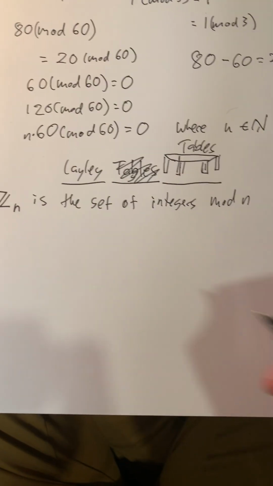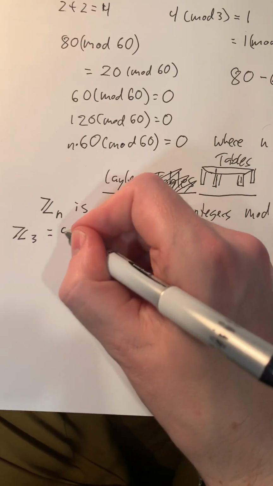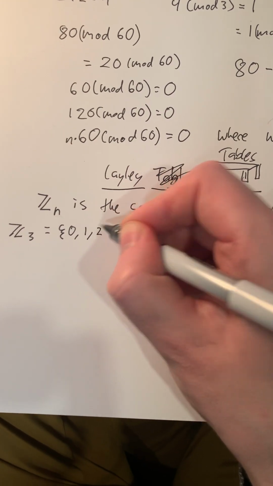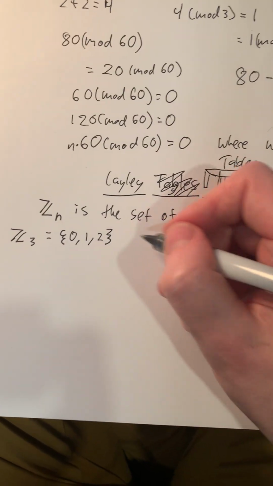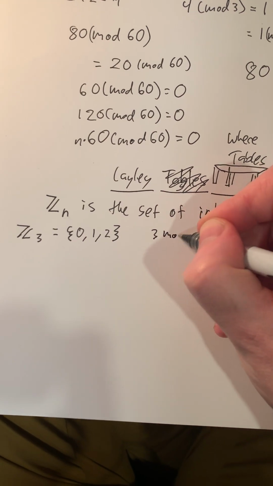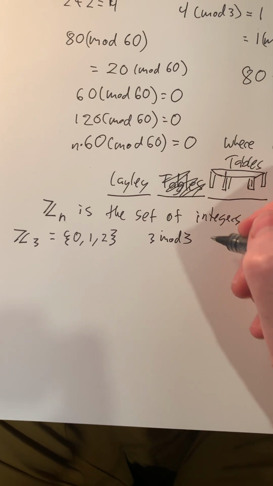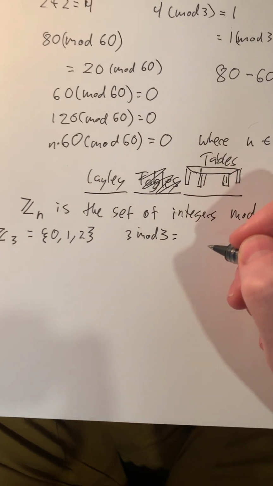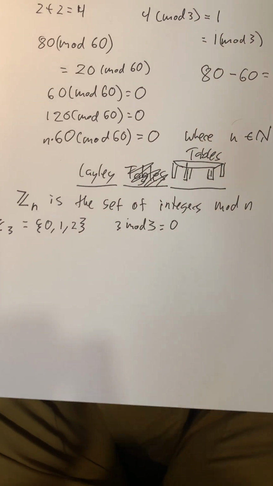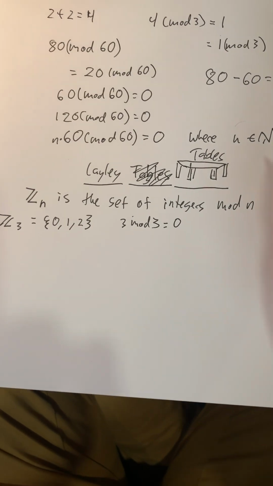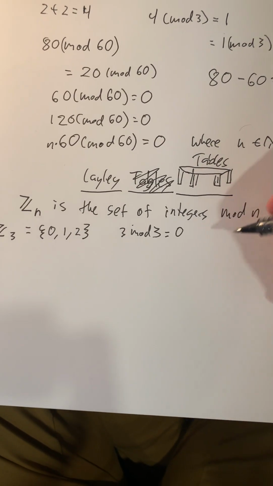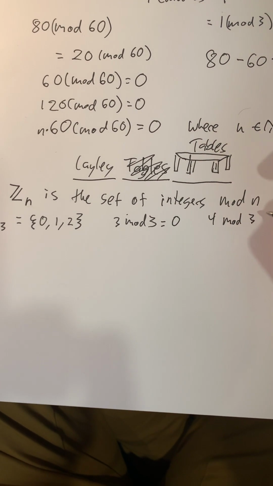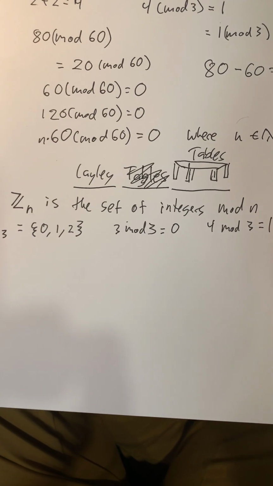Z3, for example, is equal to the set 0, 1, and 2. Obviously, we might think that, for example, 3 is in there, but 3 mod 3 is equal to 0. 4 mod 3 is equal to 1, and so on.